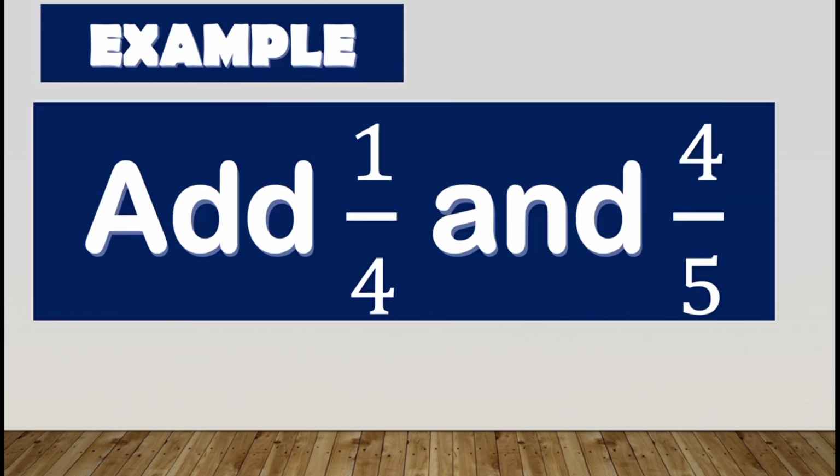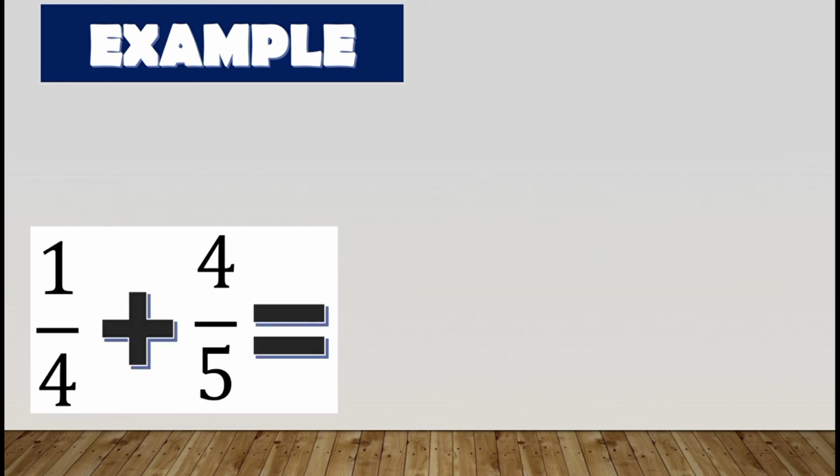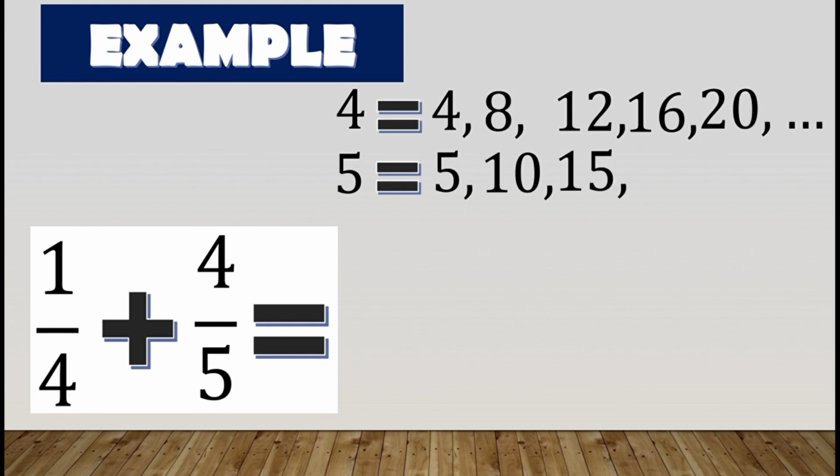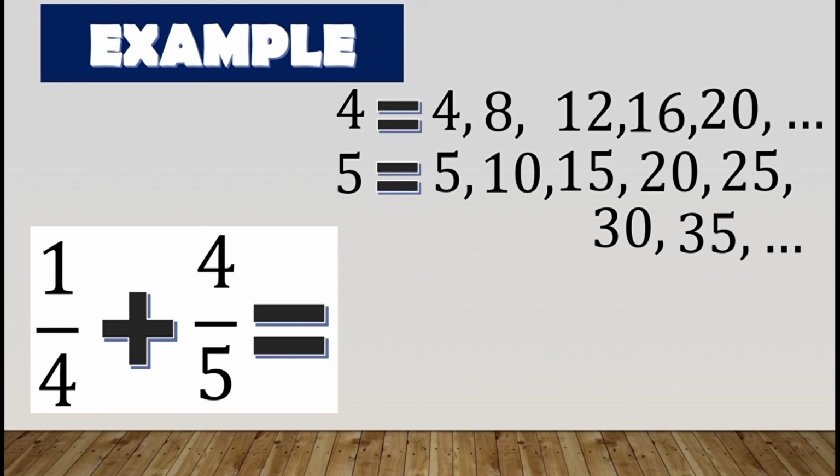Add 1/4 and 4/5. So again, look for the common multiple between 4 and 5. So 4 has multiples 4, 8, 12, 16, 20, and so on. For 5, multiples are 5, 10, 15, 20, 25, 30, 35, and so on.